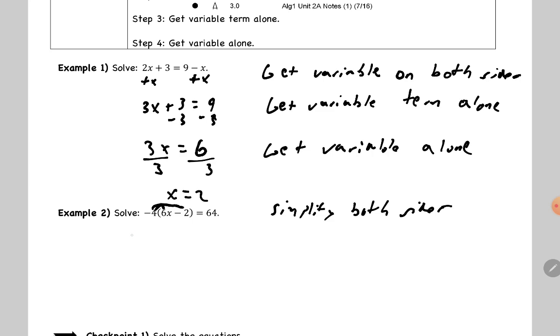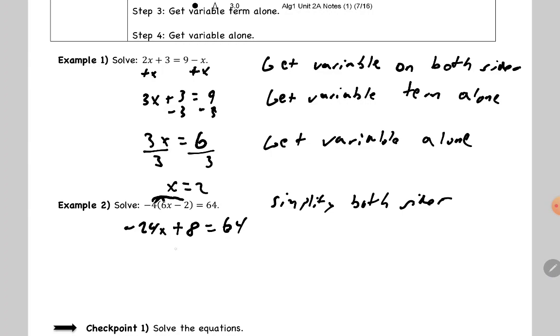So this is negative, so negative 4 times 6 is negative 24x. Negative 4 times a negative 2 is plus 8. Negative times a negative is a positive. And then we have 64.